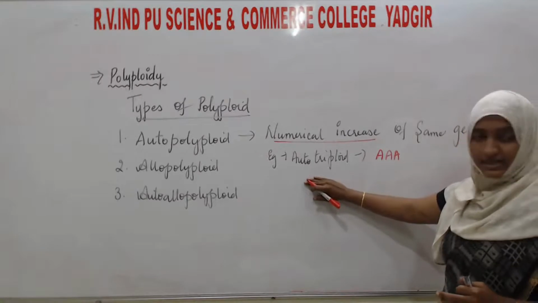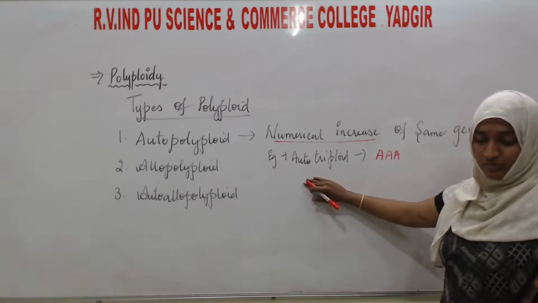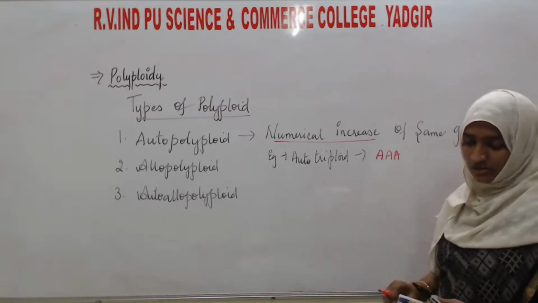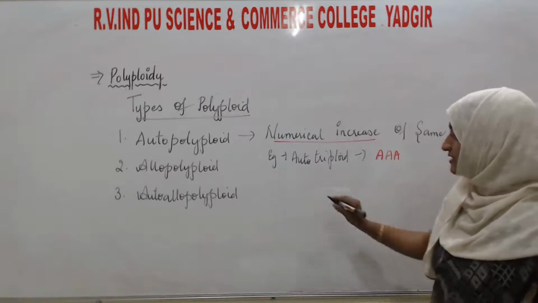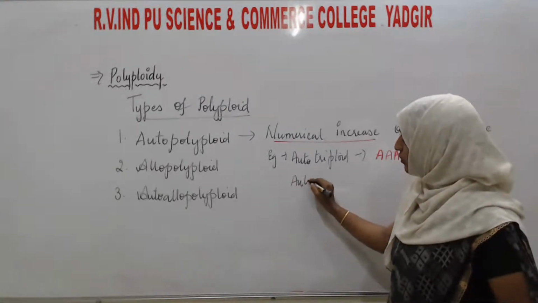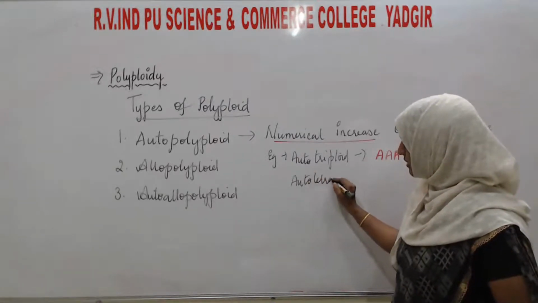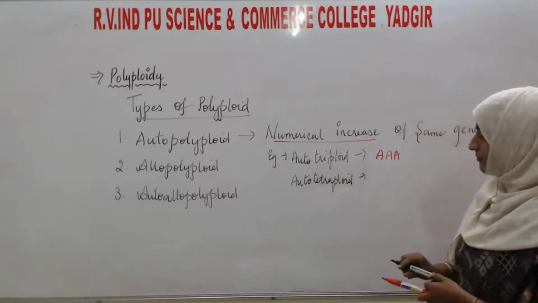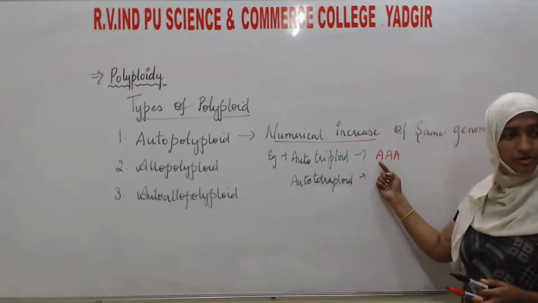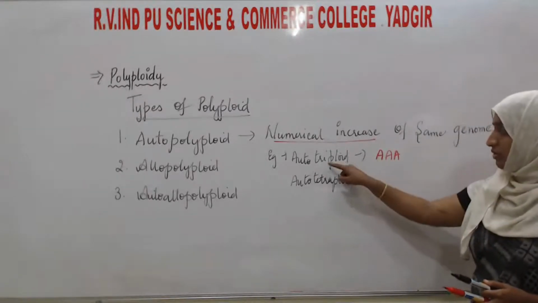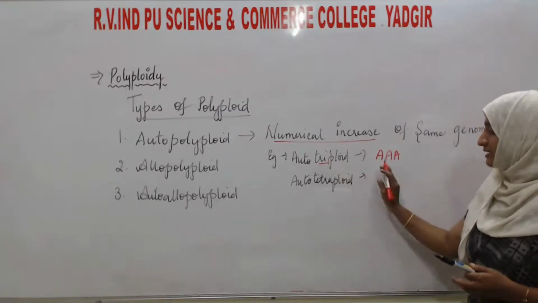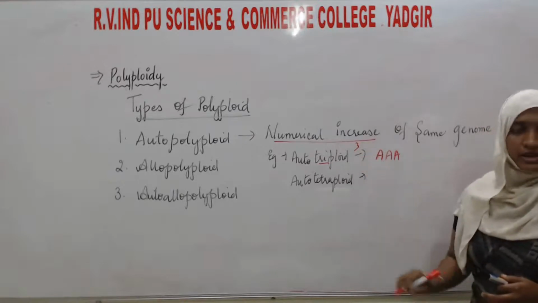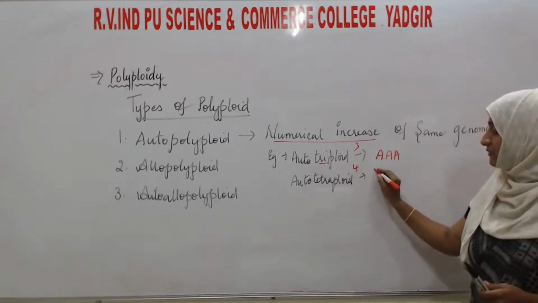That's why we have taken the example as autotriploid. In autotriploid the chromosome increases 3 times. In tetraploid it will increase 4 times.